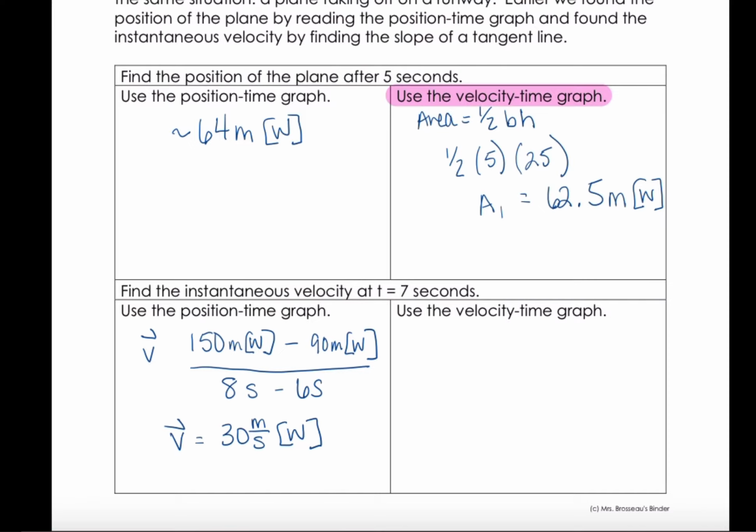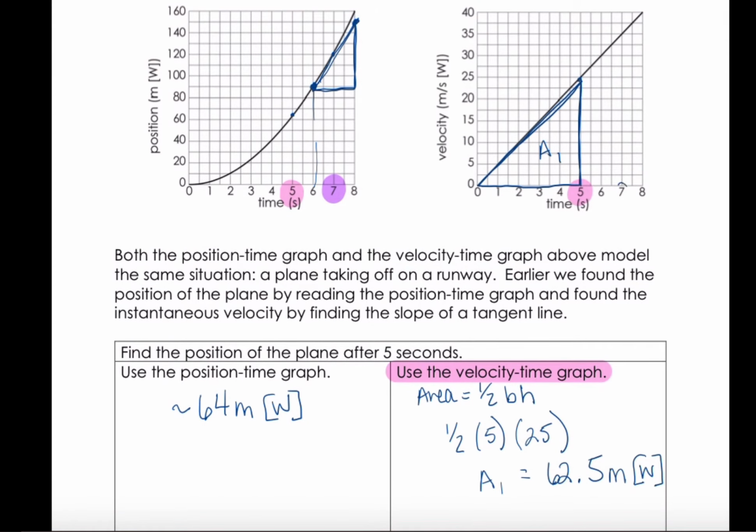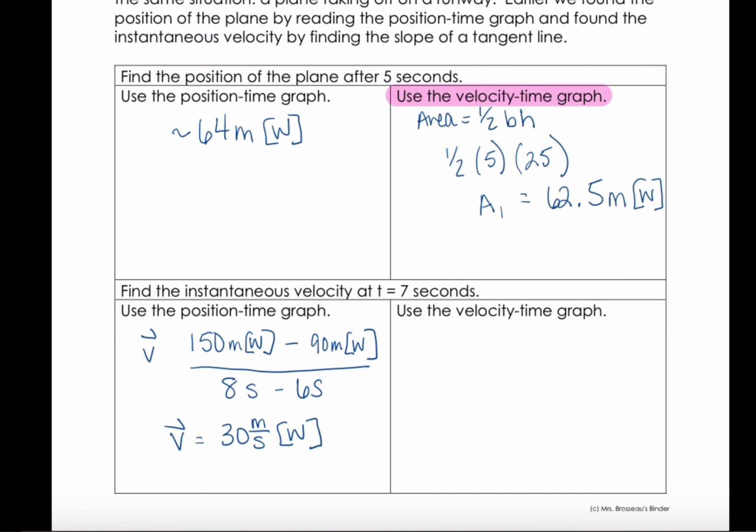For the velocity versus time graph, it's actually pretty easy to find the velocity because we just read it off of the graph. So at t of 7 seconds, here's 7 seconds, we go up, and at this point it's actually 35 meters per second.